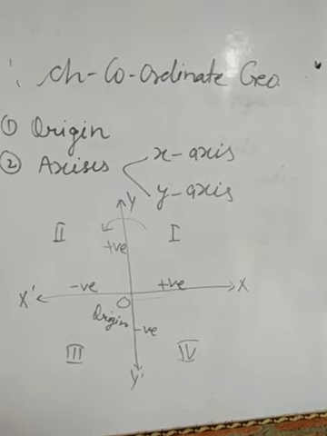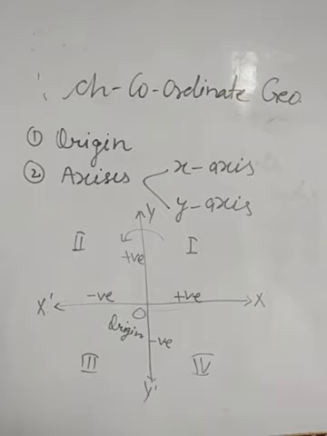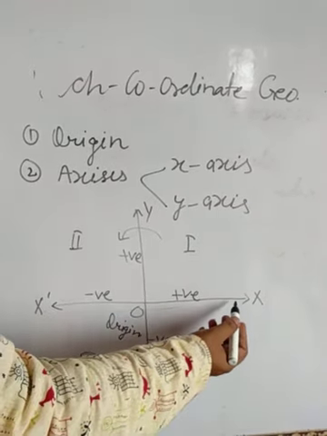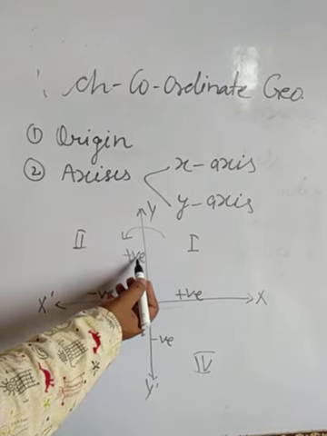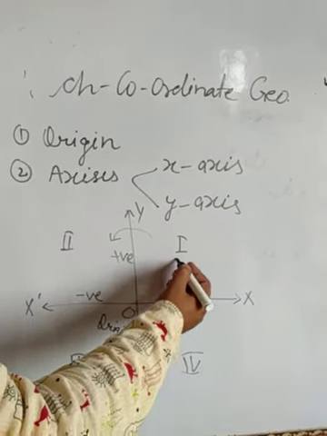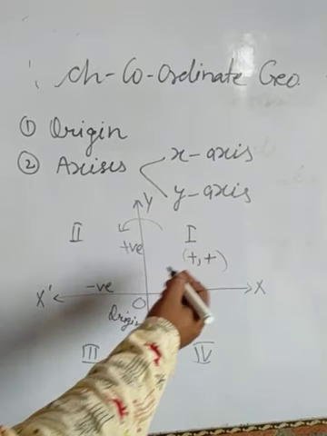As I have shown the negative and positive directions of the axes, it is very clear that the first quadrant is enclosed by the positive x-axis and positive y-axis. Therefore, in the first quadrant, coordinates will be plus comma plus.